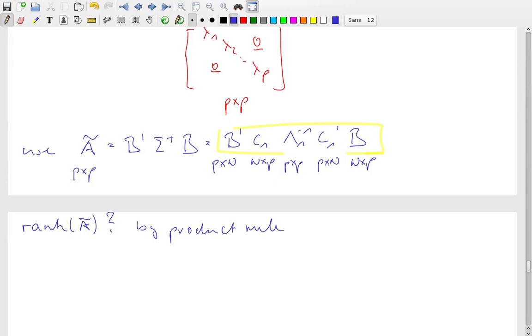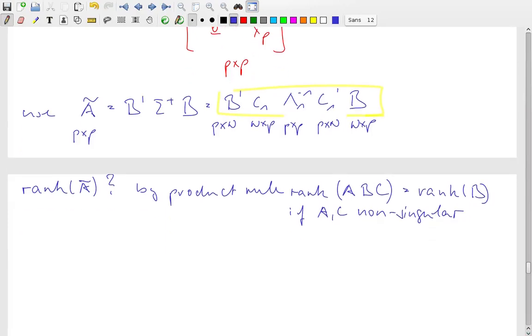We had the product rule already, and the product rule is applied to the product of three matrices A, B, and C, and we are interested in finding out the rank of the resulting matrix, and this rank happens to be the rank of the matrix in the middle if A and C are non-singular matrices. Okay, and we can check whether the application of the product rule in the present context is going to give us some idea about the rank of A tilde.